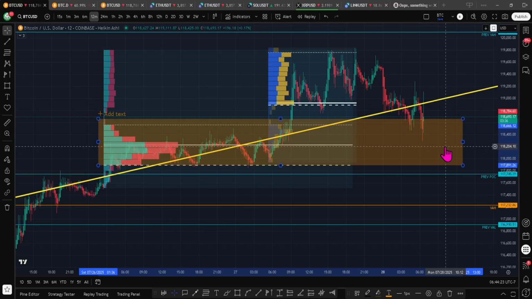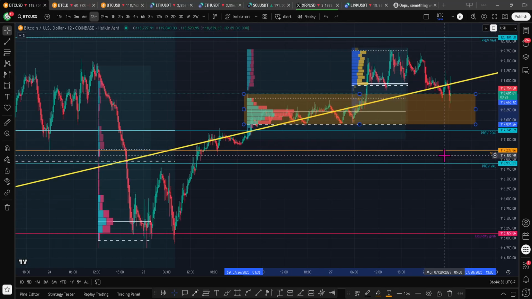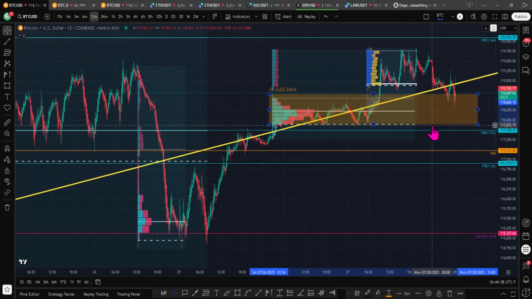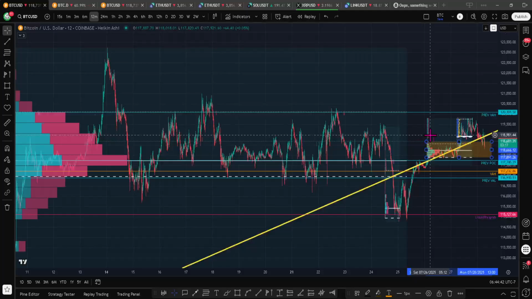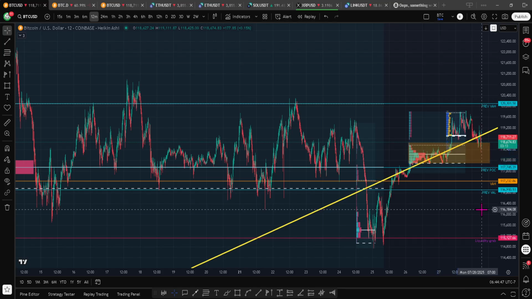You want to keep it within, say, $50 or so for your entry. Or are we going to come all the way back down to 117,900? So that's somewhere between there and the previous point of control coming from this area here, right?